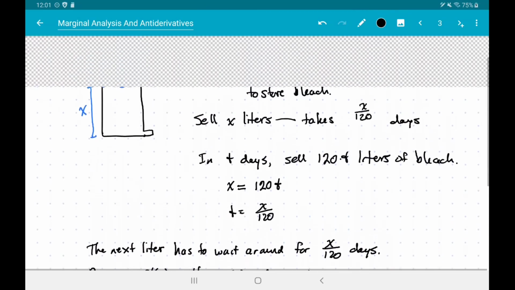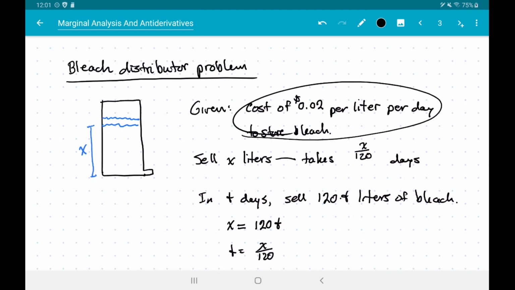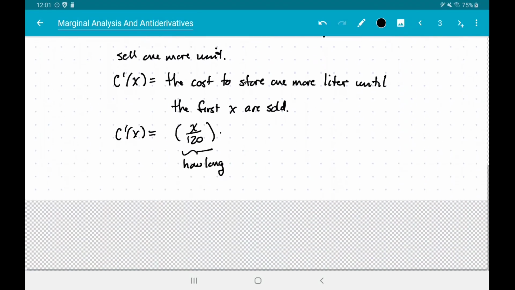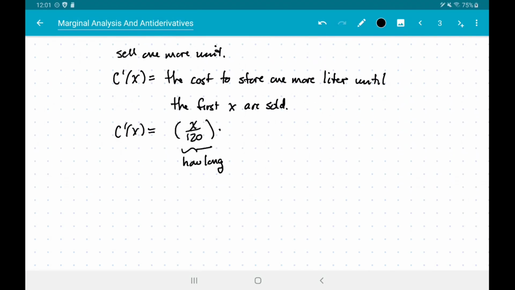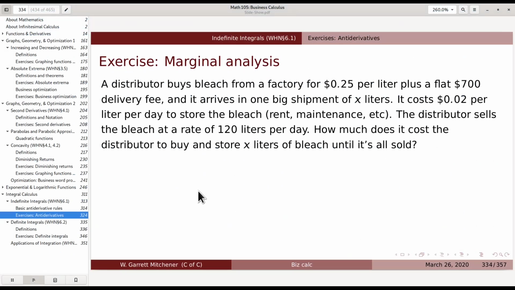And then remember, we're given this information that there's a cost of 2 cents per liter per day to store the bleach. So while we're waiting for X over 120 days to pass, each one of those days contributes 2 cents. So that is the marginal cost function as far as storage. So this is storage, and that's the hard part of this problem. There's an easier part of this problem: a 25 cent per liter cost.